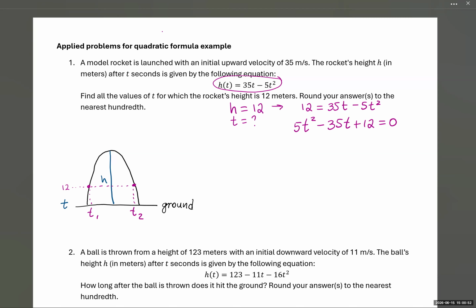Now, we can go ahead and use the quadratic formula to solve this. So I'm going to put the quadratic formula right here so it's not cluttering. That would be minus b plus or minus square root of b squared minus 4ac, divided by 2a. I'm going to go ahead and plug in the values.